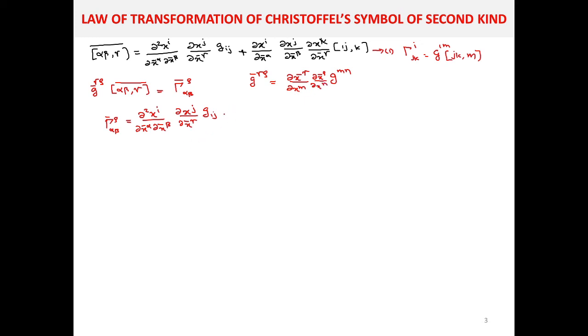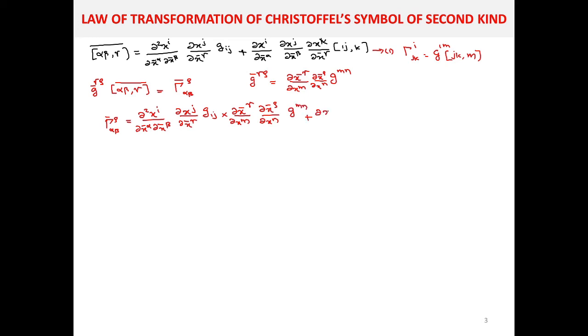So you have to multiply it with g bar gamma rho, or you can multiply it with the equivalent transformation equation, that is ∂x̄^γ/∂xᵐ, ∂x̄^ρ/∂xⁿ into gᵐⁿ.